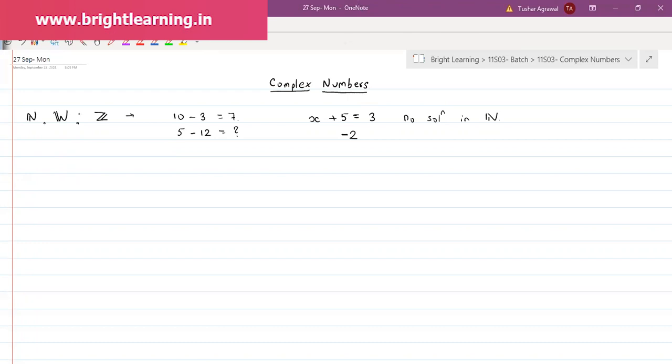Okay, so integers were formed, like minus infinity up to -3, -2, -1, 0, 1, 2, 3, 4, and so on up to infinity. Now the division operation was giving a problem, unlike multiplication. If you take any two integers of your choice, let's say -2 and 10, and apply the multiplication operation, definitely you will get the answer.